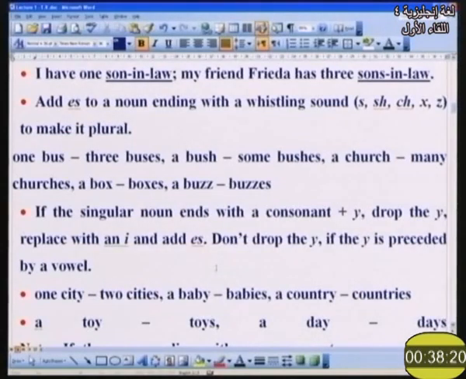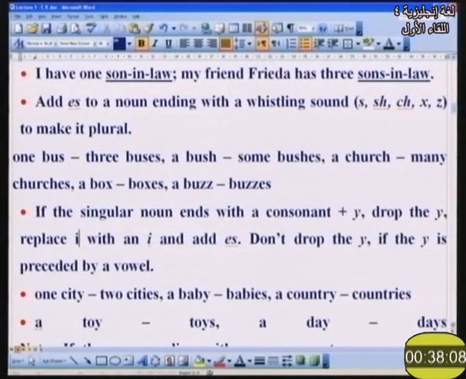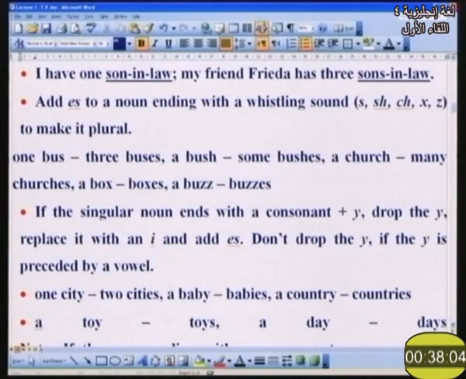If the singular noun ends with a consonant plus Y, drop the Y, replace it with an I, and then add ES. What does this mean? If you have a noun that ends with a consonant, what are the consonants? Consonants, اللي هي الأصوات الساكنة.